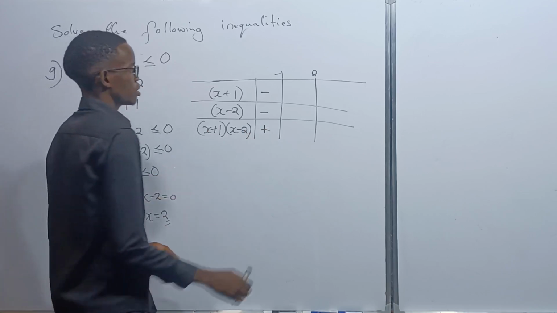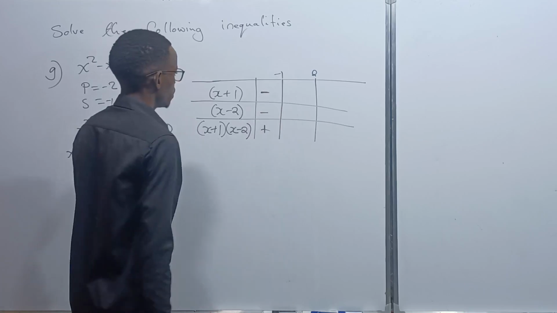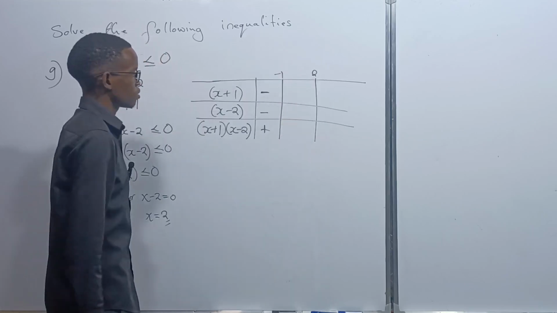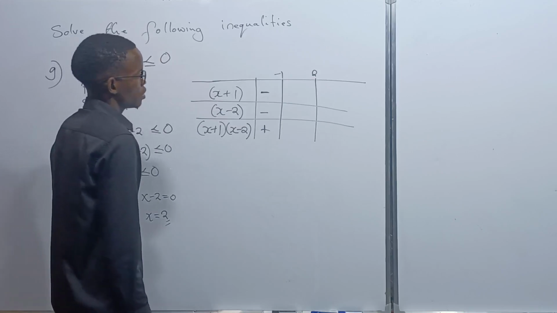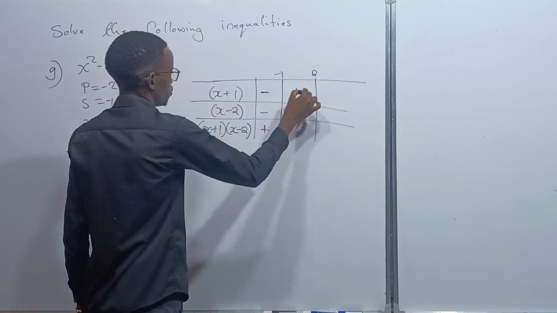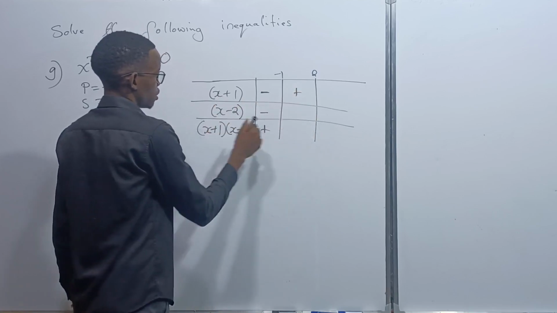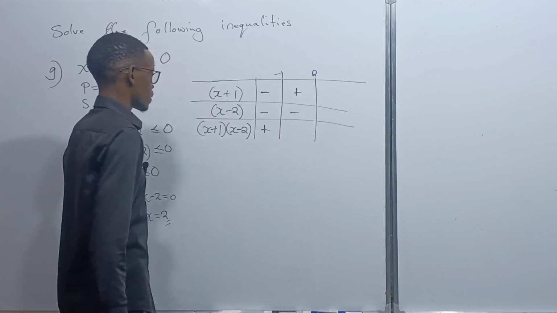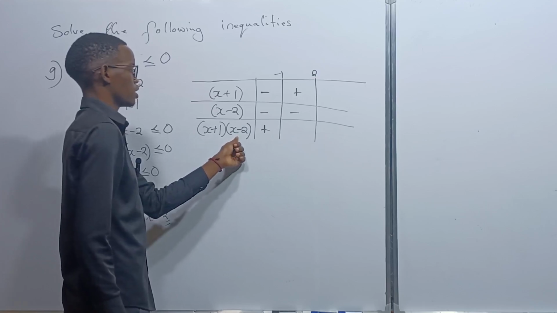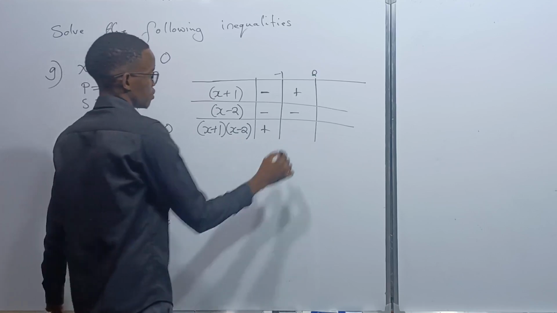Going to the next part, we take any value between -1 and 2. Let us work with 1. For x plus 1 we have a positive number, and for x minus 2 we have a negative number. Positive times negative gives us negative.